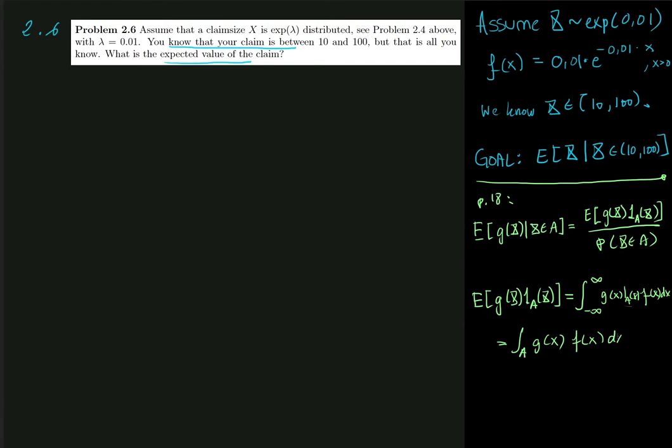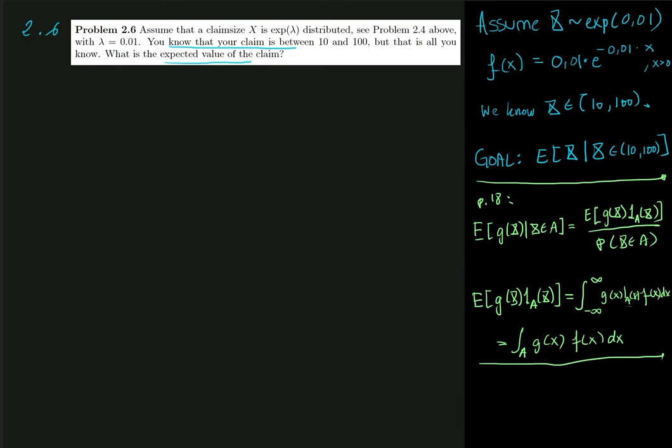And this is the expression for the mean of g of x restricted to A. So it's essentially just you integrate g of x multiplied by the density on the set A. And we will use both of these to find the result in problem 2.6.